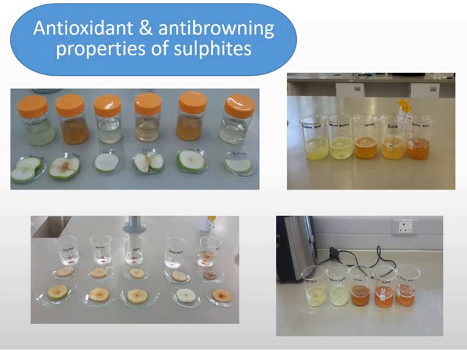So you can already see this is apple juice that was extracted or pressed, and you can see that potassium metabisulfite is amongst the best in terms of preventing browning both on the fruit and the juice, and it's comparable to pasteurization or sterilization and ascorbic acid. And then you still see here the same thing happens. So this is just to prove what I've been saying, that it actually acts as a preservative or as an antioxidant, preventing some deleterious chemical reactions. So we'll probably do this later when you're in third year.